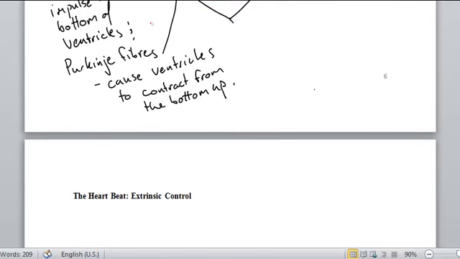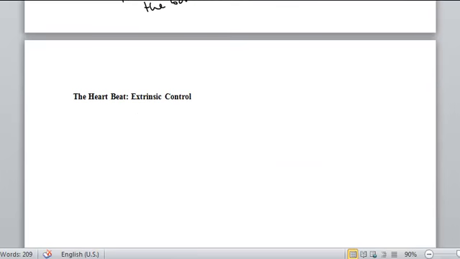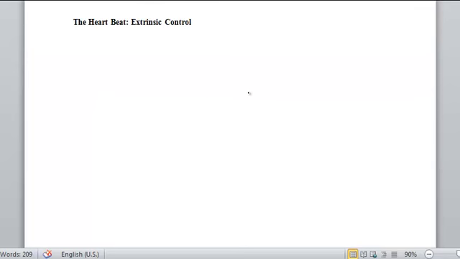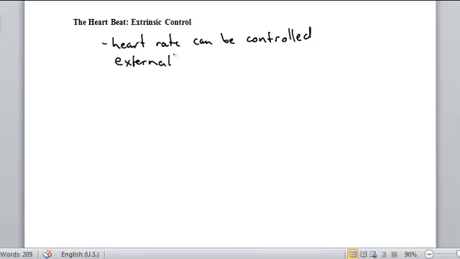But we can alter our heart rate quite drastically depending on our fitness, our situation, whether we're stressed or not. So the heart rate can be controlled externally, not external to the body, but external to the heart, by the nervous system.